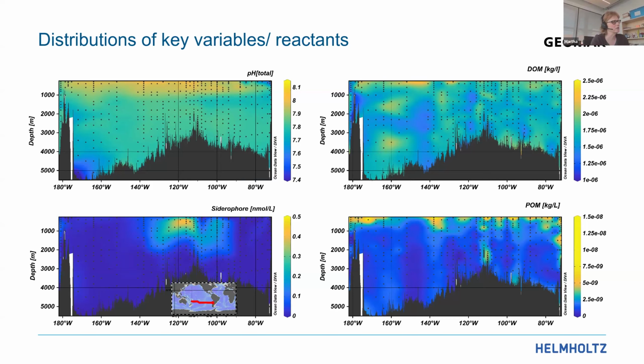And we saw similar sorts of things to what Louis et al. saw in the Pacific Ocean before, which is a sort of patch of siderophores in the upper sort of 1,000 to 500 meters of the water column, which is probably related to intense remineralization of organic matter, but it's not really related to iron concentrations or DOM concentrations or POM concentrations or anything like that. So we need to have it in our models, though, in order to understand what the impact is, at this stage anyway.